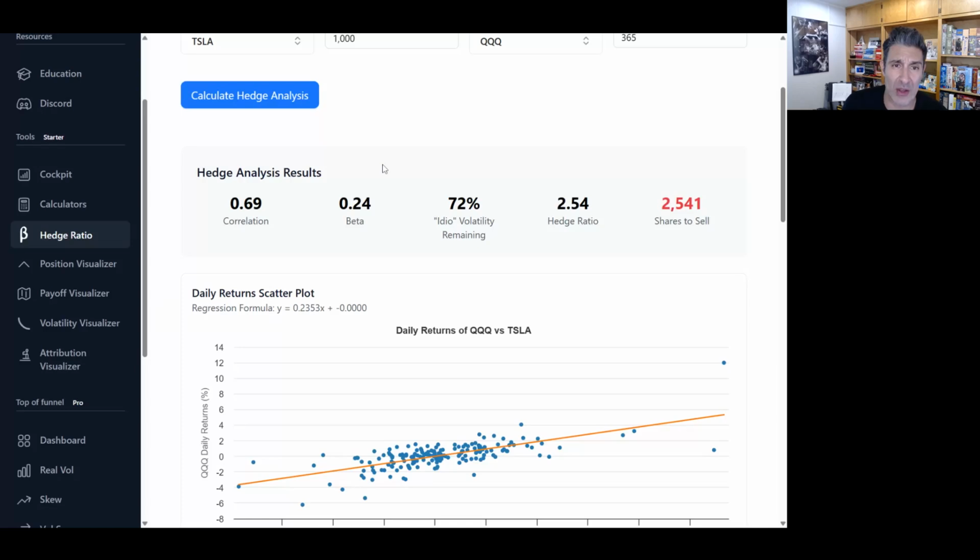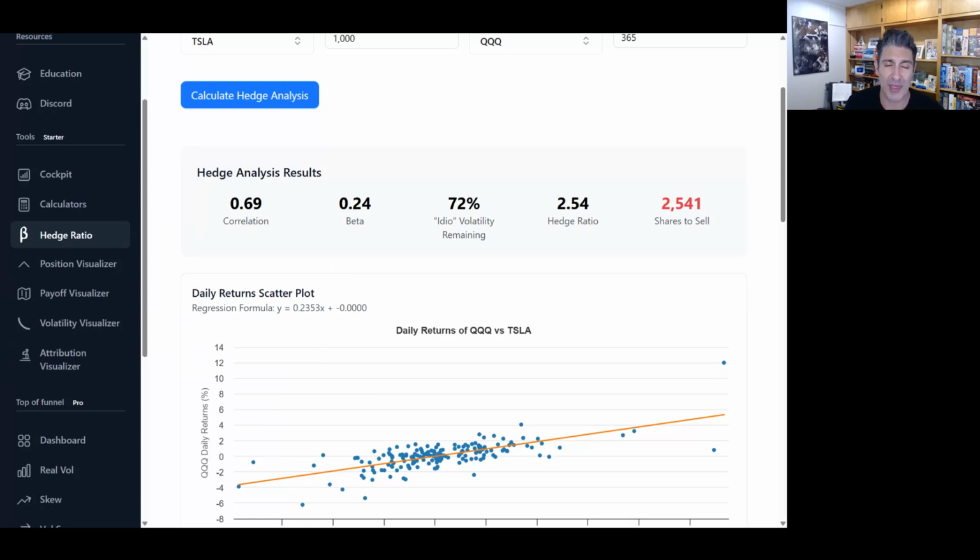Okay, a quick thing here. If I'm long 1,000 shares of Tesla, and Tesla and the Qs are 100% correlated, and they were the same price, I would need to be short 1,000 shares of Qs to hedge it. But in this case, the beta is only 0.24.